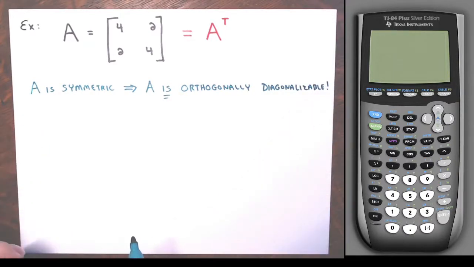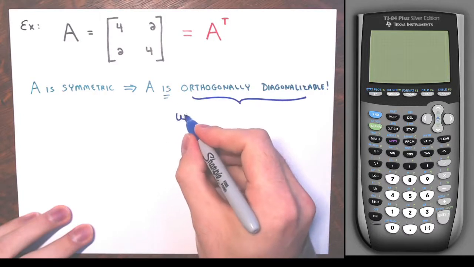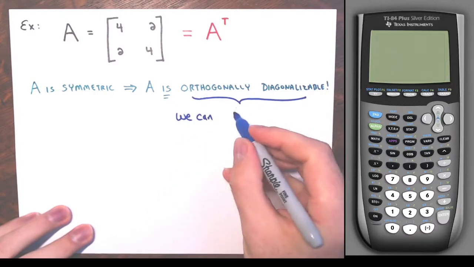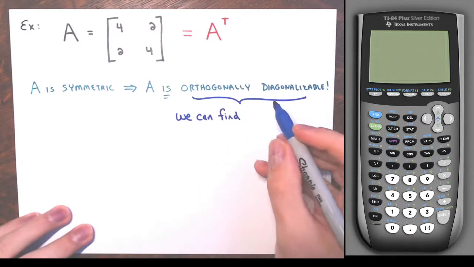So what does that mean? This means that we can find an orthogonal matrix P, basically writing the definition again for you.